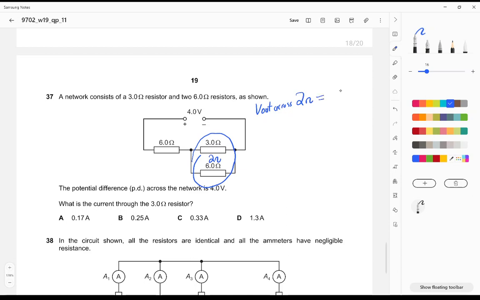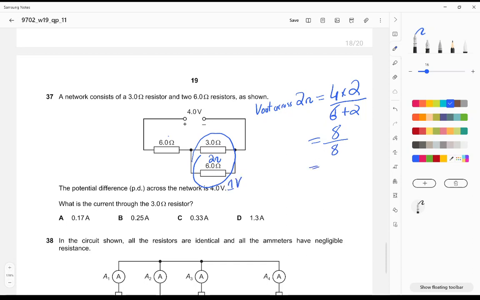So V across 2 ohm is equal to EMF, which is 4, multiplied by 2 ohms divided by the combined resistance of 6 and this 2 ohm, which is 6 plus 2. So this is equal to 4 times 2 divided by 8. So the voltage is 1 volt over here.